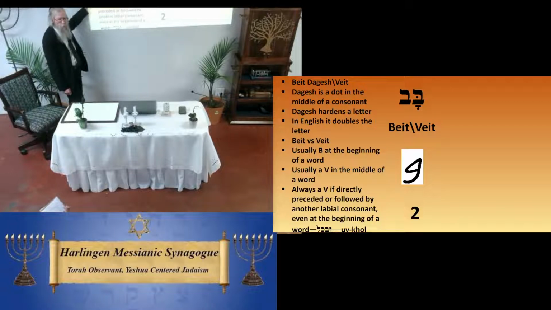Okay. So usually it's going to be a V sound in the middle of the word. If the beit appears in the middle of the word, it's going to be a V sound. It will always be a V if directly preceded or followed by another labial consonant. So here you have uvkol. This is a vav. Can you see this? I know it's kind of small down here. It's a vav, beit, kaf, lamed.